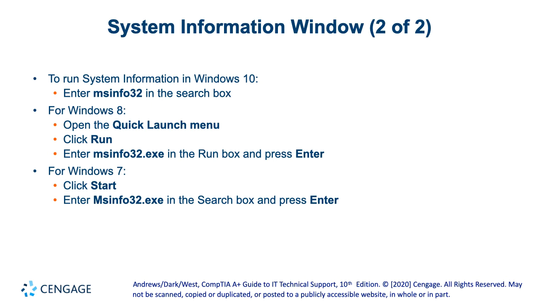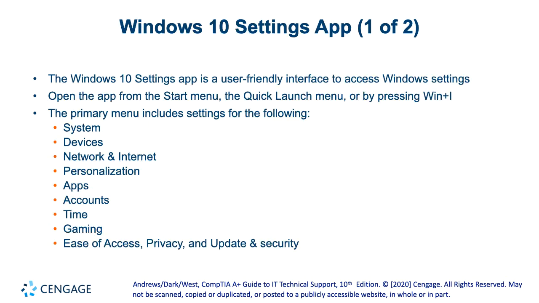Right, and this just goes over how to launch it using msinfo32. The Settings app can be accessed through the Action Center, or by typing settings in the search/run bar, or hitting the Windows key and the letter I. And then you've got primary settings for systems, devices, network, apps, accounts, gaming, ease of access.